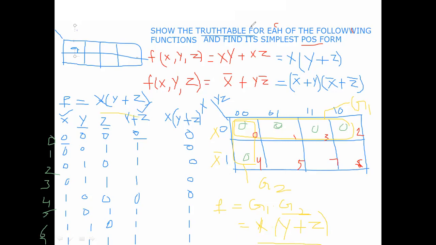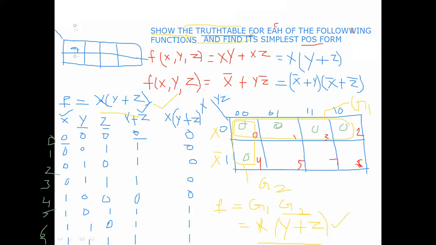See here: show the truth table for each of the following functions and find its simplest POS form. Are you proving this? Whatever input is given, the same will be obtained at the output. That's why we are showing it. Hence proved, by using the truth table.